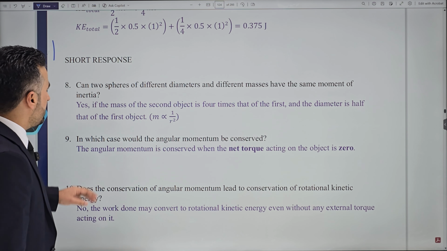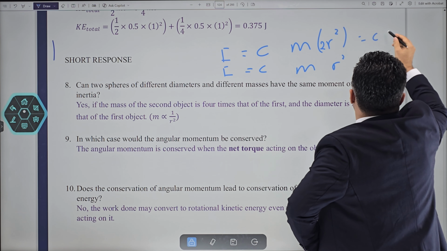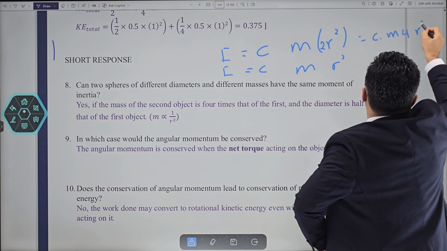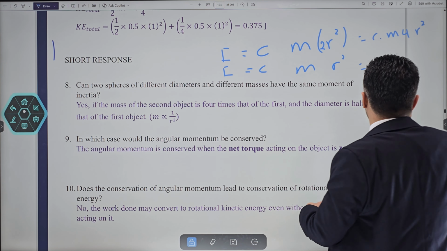Watch this. Because the radius is squared, just imagine if one of them has 2 times the radius, that would be c times mass times 4 times radius squared. Now, in order for the other one to be the same as this, by what factor should the mass of the other one be smaller?